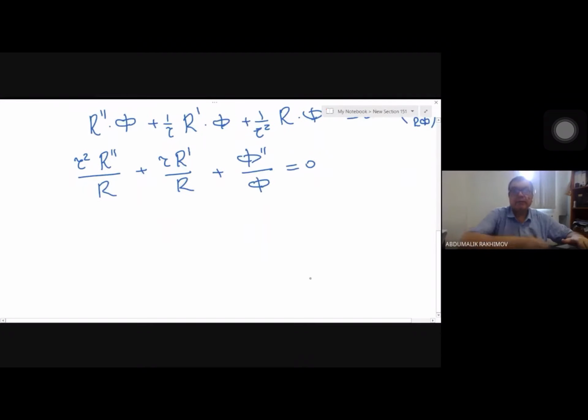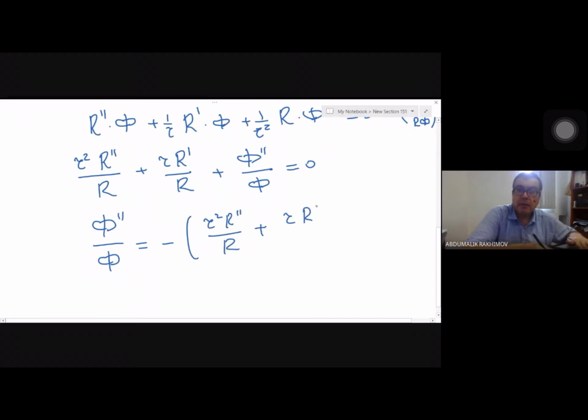Now I can separate variables. Let me leave phi on this side, but shift the R function to the left. Then I can write phi double prime over phi is equal to minus R squared R double prime over R plus R prime over R. That's all, right?